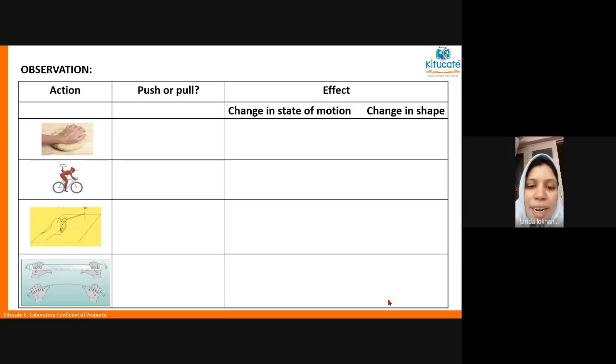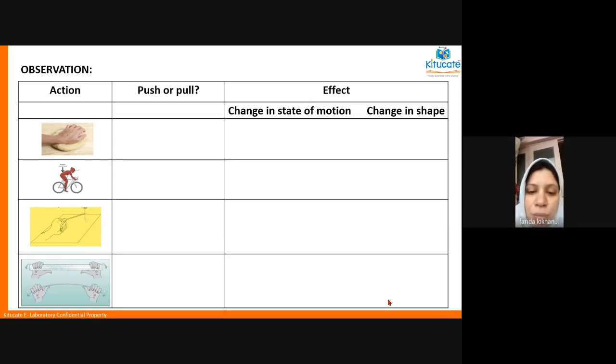Speed. Right, so it could be speed, it could be from rest to motion, or from motion to rest also. So we'll put it in change in speed and motion. You can write it down: change in motion, comma, speed.